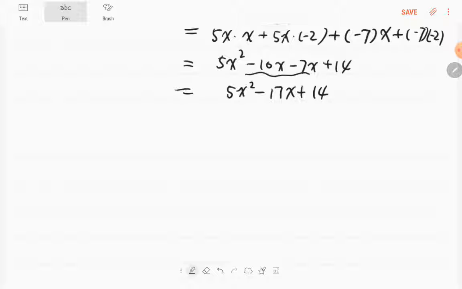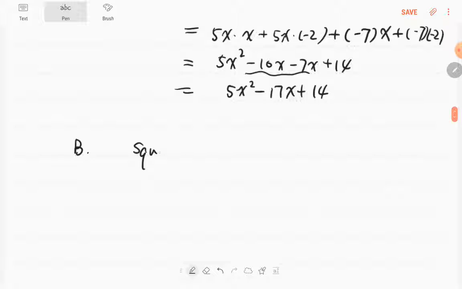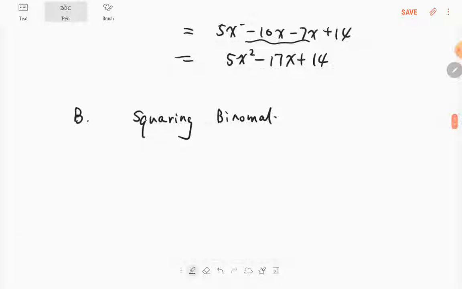Okay, let's check the second objective here. It's called squaring the binomial. So we will teach some special formulas for squaring binomials.